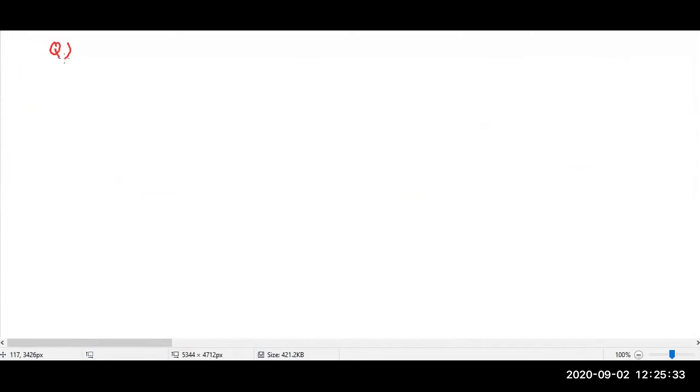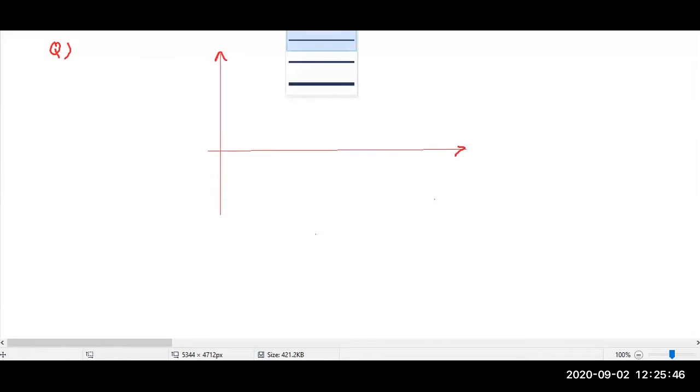क्वेश्चन हम लोग करते हैं. सपोज this is VS graph.